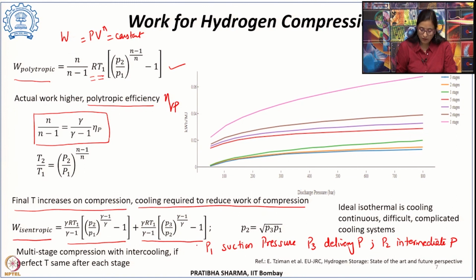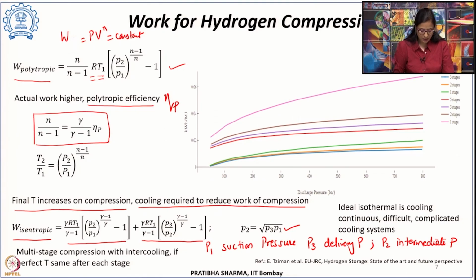The pressure P2, which is the intermediate optimal pressure, is given by the square root of P3 times P1. So, ideally the pressure ratio should be the same between the different stages.